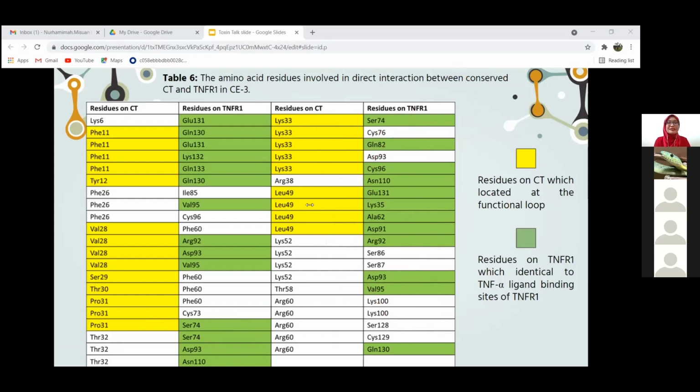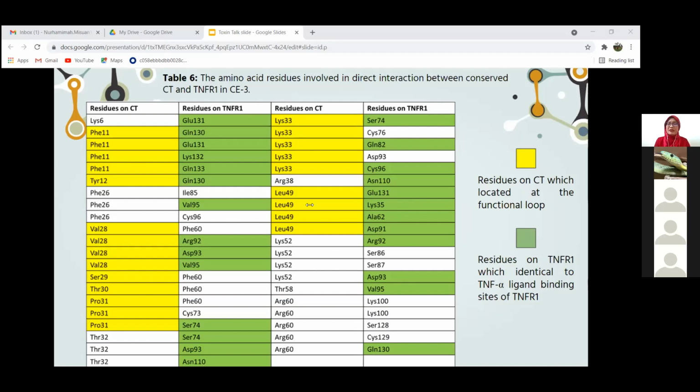So this finding suggested that there is a possible interaction between the ligand binding site on TNFR1 and the functional loop of cytotoxin. And this interaction can induce the formation of death-inducing signaling complexes, thus activating the caspase signaling cascade.